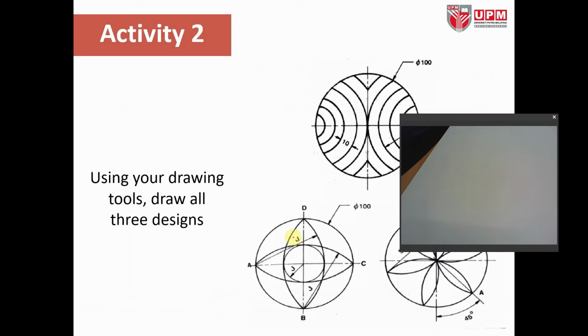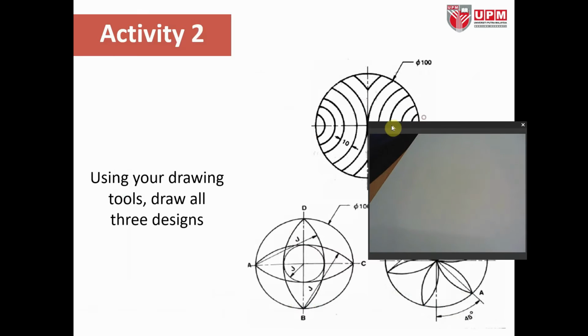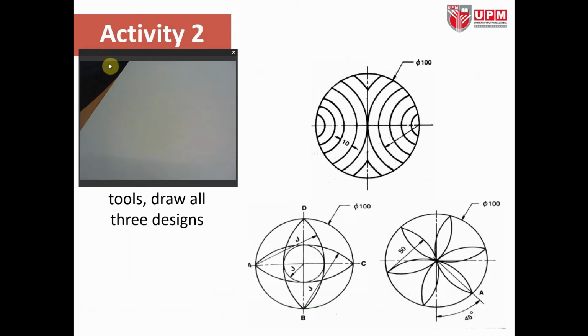We are going to learn how to draw the 3 circles here. So you can see here the diameter is 100 mm. What you can do now, if you have a piece of paper, is draw 3 circles with 100 mm diameter.